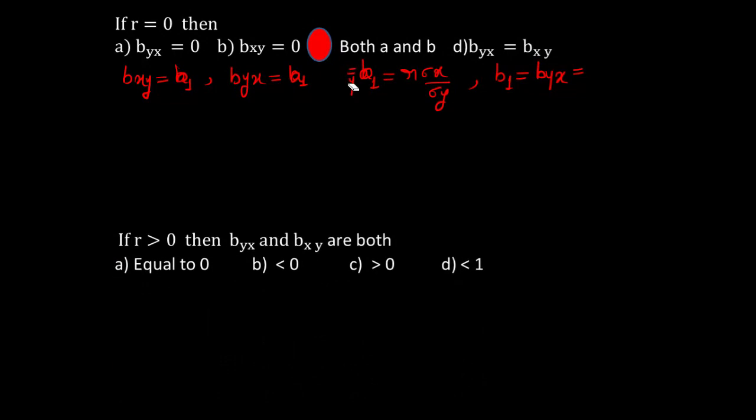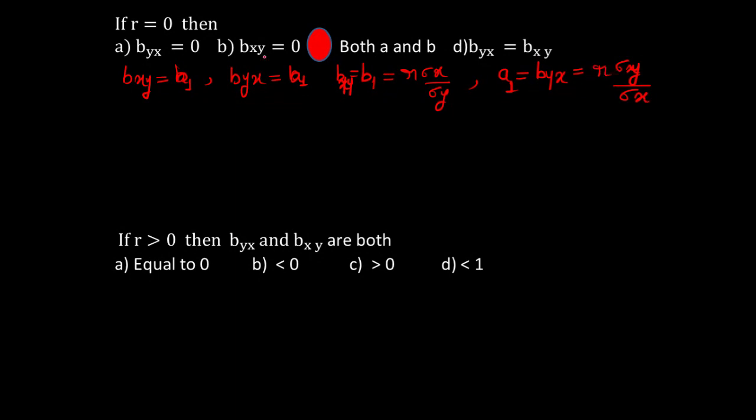So this is as per notation b1, which is nothing but bxy, and this byx is a1, which is as per notation byx, and the formula for this is r sigma y by sigma x. Both these are regression coefficients. This is the regression coefficient of x on y, and this is the regression coefficient of y on x.